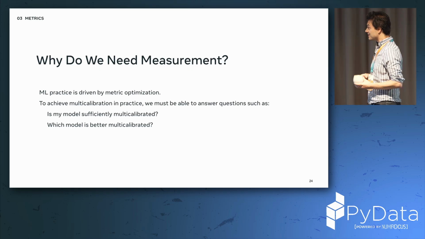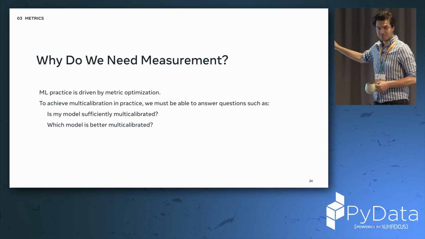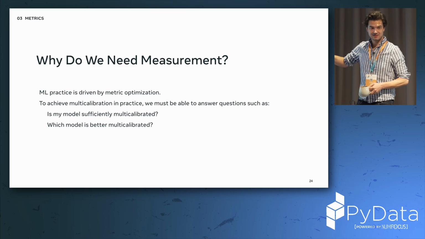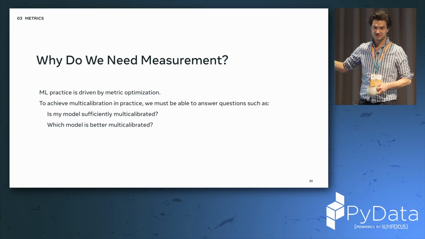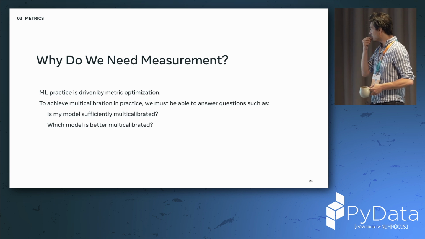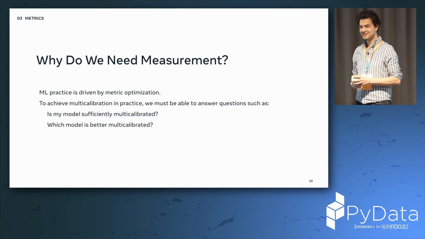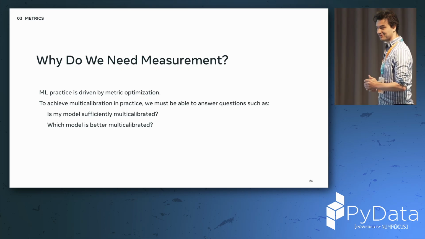So why do we need measurement? Well, it's nice that we have this theoretical property of multi-calibration, and we've seen that it's important in machine learning production systems. But in practice, we all know that ML practice is really driven by metric optimization, right?